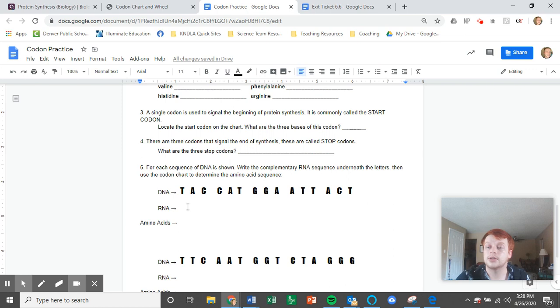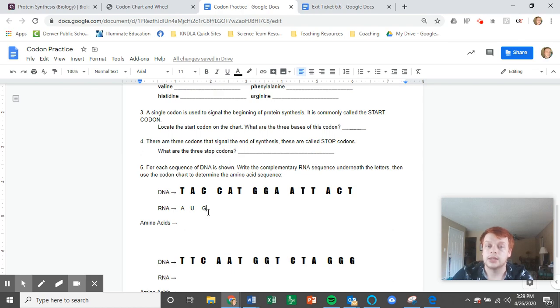So it's the same as the rules for replication. Remember, A pairs with U, G pairs with C. The only difference is for RNA, there are no T's, right? So T is going to pair with A, while A will pair with U. And then C pairs with G, just like in DNA replication.